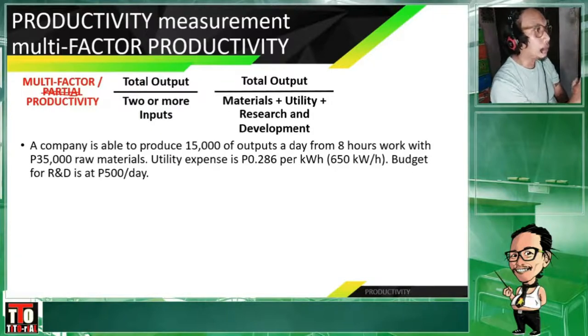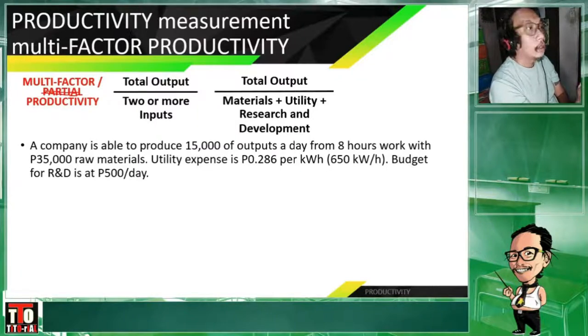So, again, the same company that produces 15,000 outputs for 8 hours of work has 35,000 worth of raw materials in a day. Now, the utility expense for this particular company is 0.286 peso per kilowatt hour.